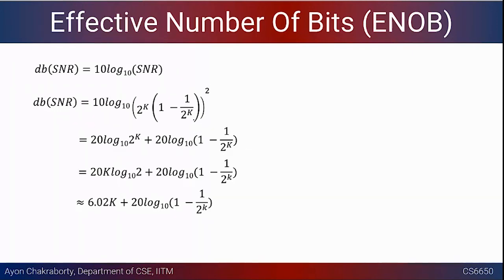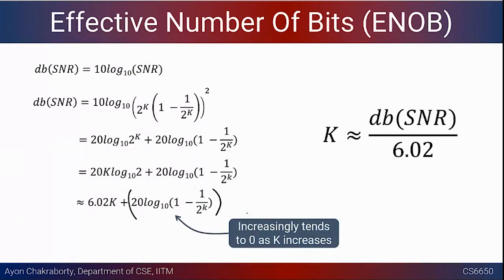I have just expanded the logarithm and put 2 to the power k and 1 minus 1 by 2 to the power k as two separate terms. This part very steadily goes to 0 if k increases, and the remaining thing is 6.02 multiplied by k.